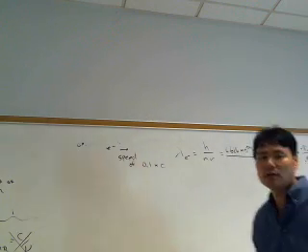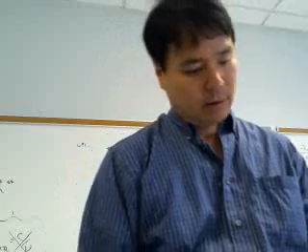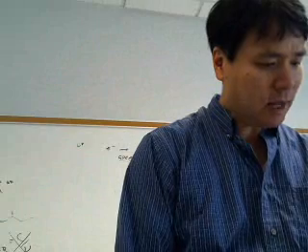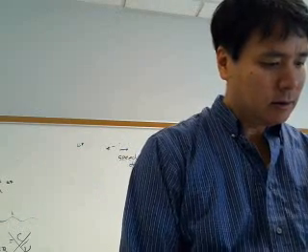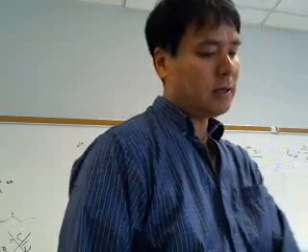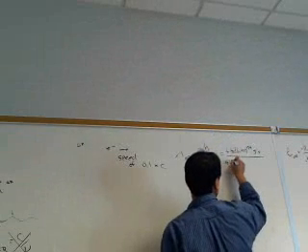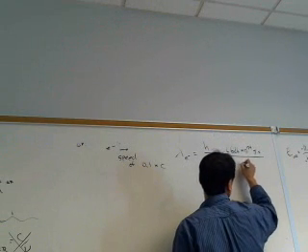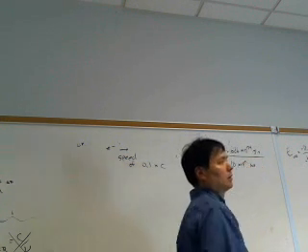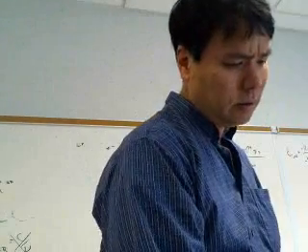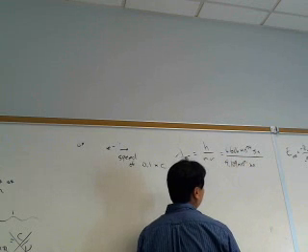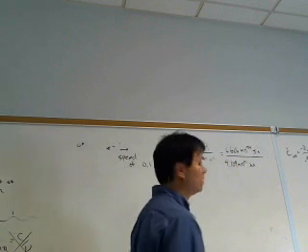The mass of an electron we could look up in the back of the book. The mass of an electron is 9.109 times 10 to the minus 31 kilograms, the mass of one electron.